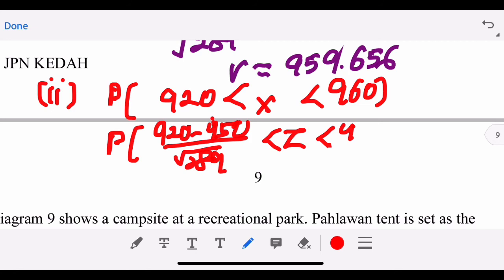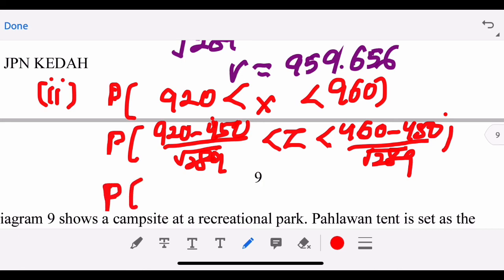So if you are not sure how to use the inverse, okay, you can always message me, then maybe I can help you. So the same, we always use x minus mean over standard deviation, which is 960 minus 950 over square root of 289. And then from there you can simplify, and then you can use a calculator.